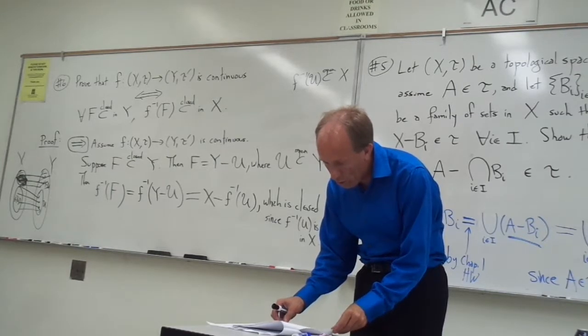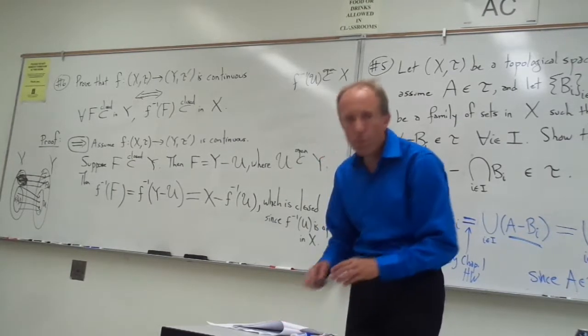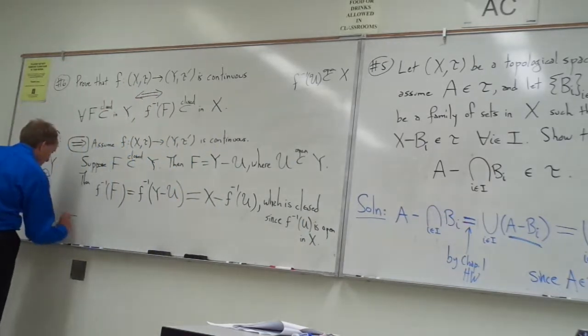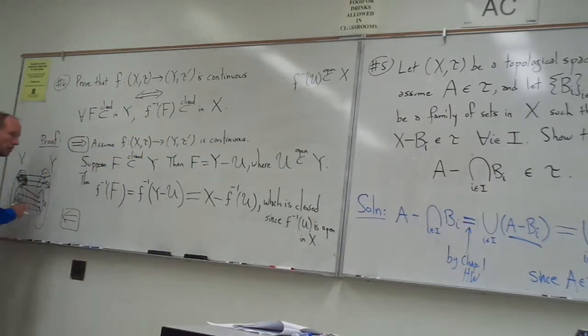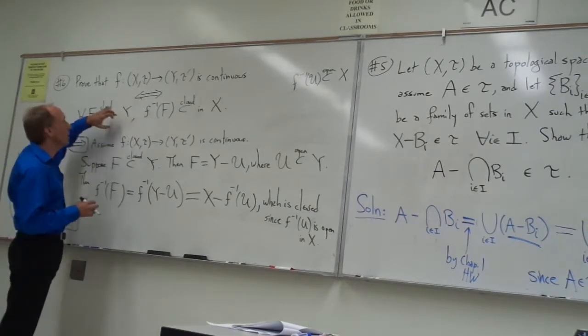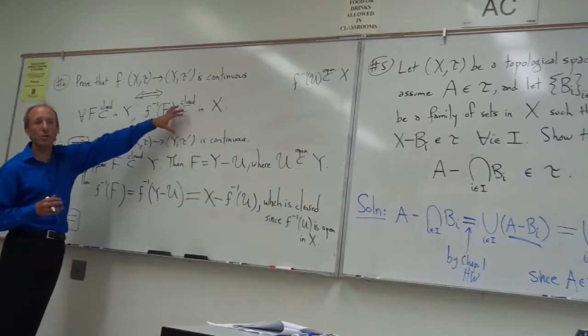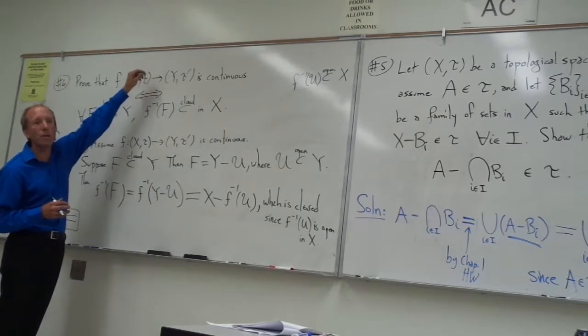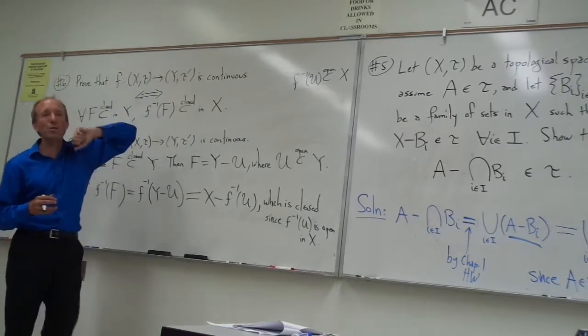How would you do the reverse proof? You're assuming that pre-images of closed sets are closed, and you're being asked to prove that the function is continuous. How are you going to prove that the function is continuous?